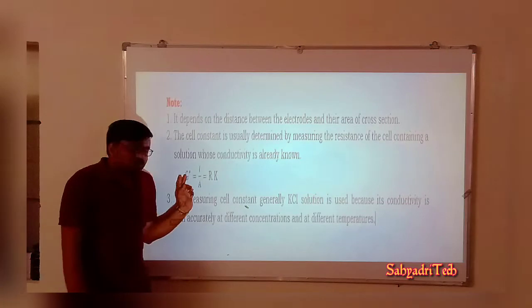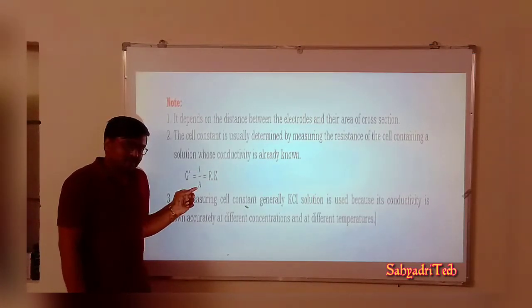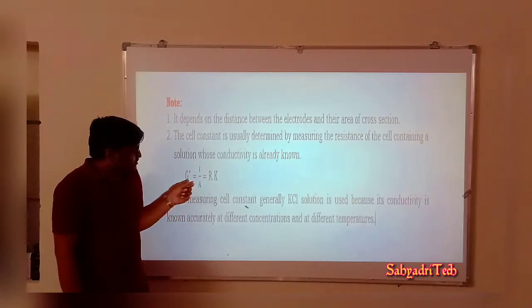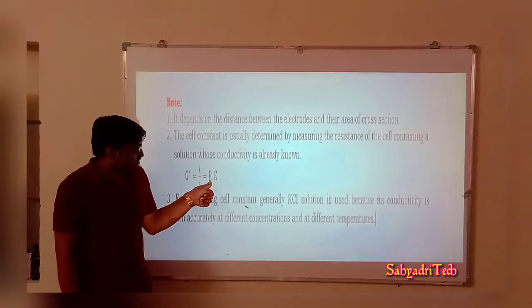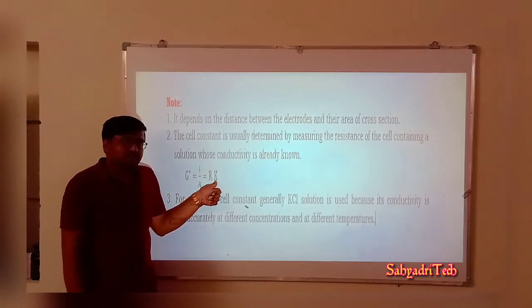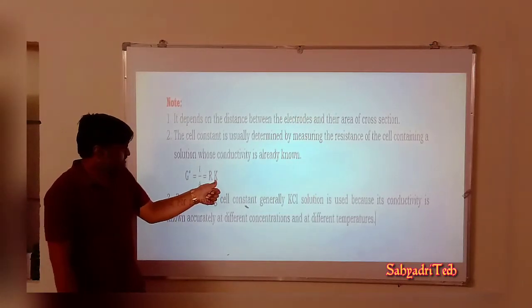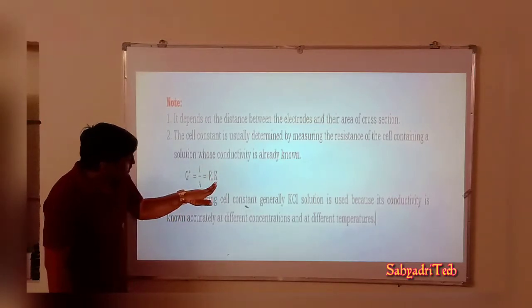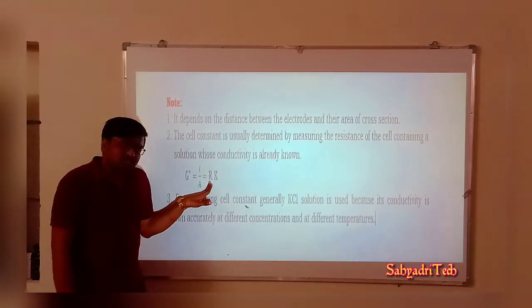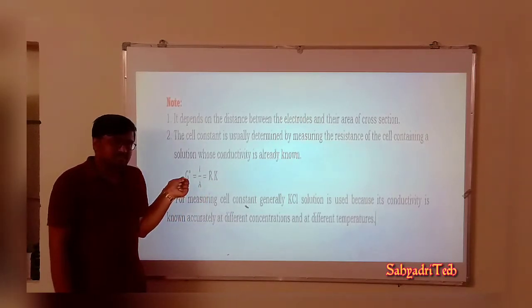G star, the cell constant, is equal to L by A. On substituting the terms, G star becomes equal to R into kappa, that is specific conductance, or conductivity. So by knowing the conductivity and measuring the resistance, the product of these gives the cell constant.